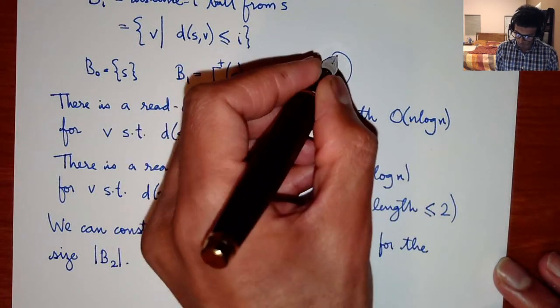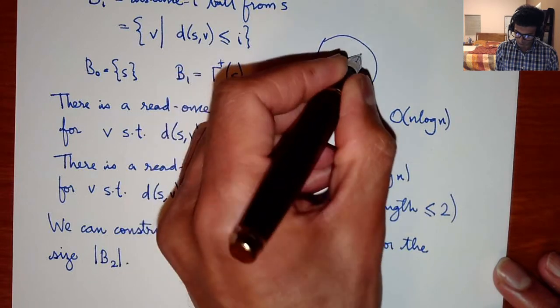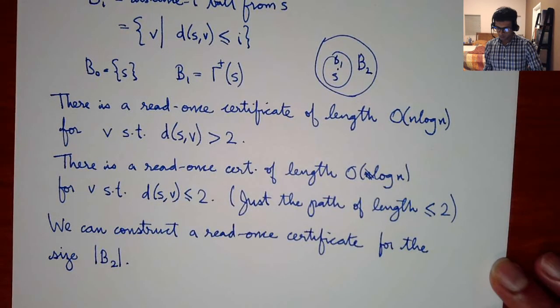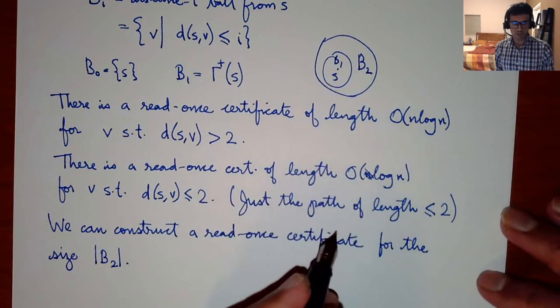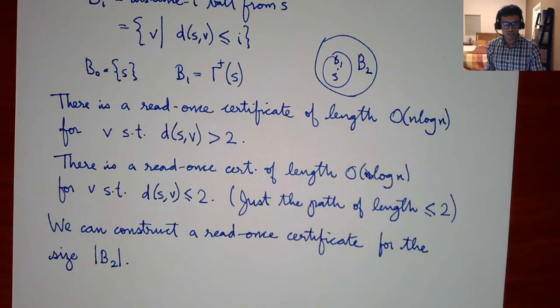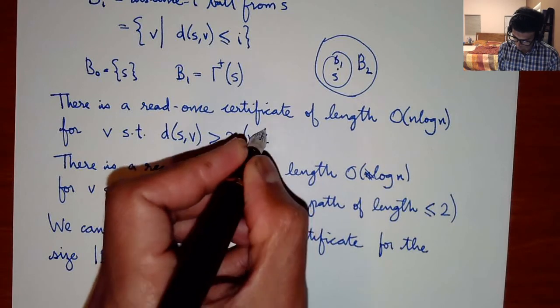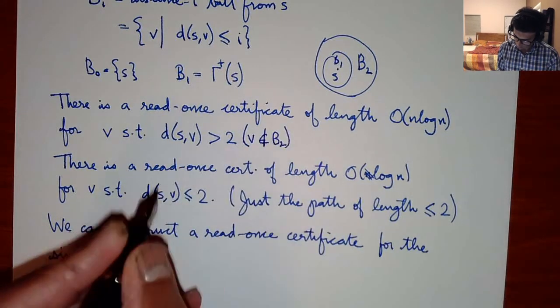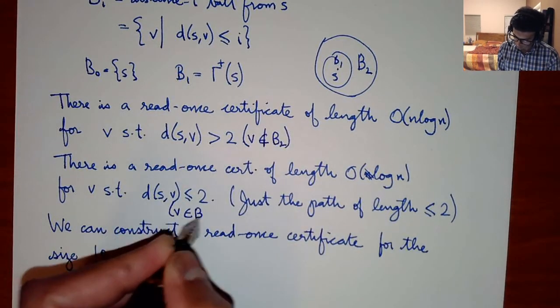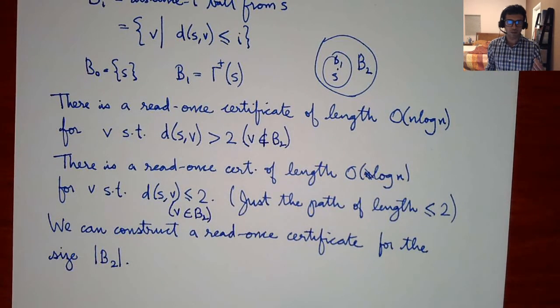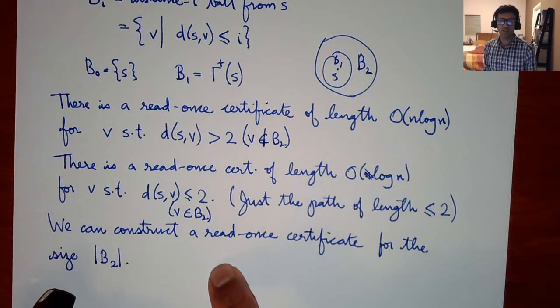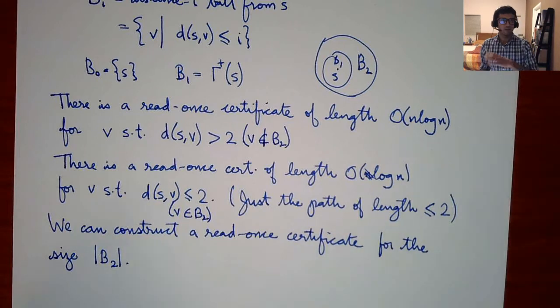This is like B1, and then this is B2. So this is saying that there is a certificate of a vertex lying in B2 and a vertex not lying in B2. So there is a certificate for any vertex. We can give a certificate that says this vertex is in B2 or not in B2. Using that, you can imagine we can construct a read once certificate for the size.